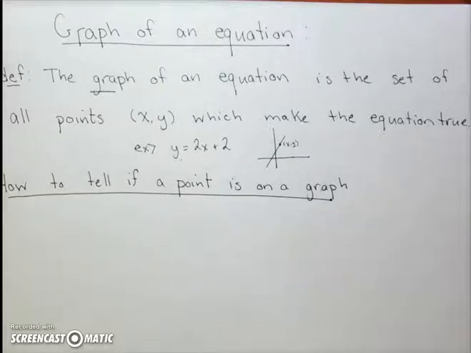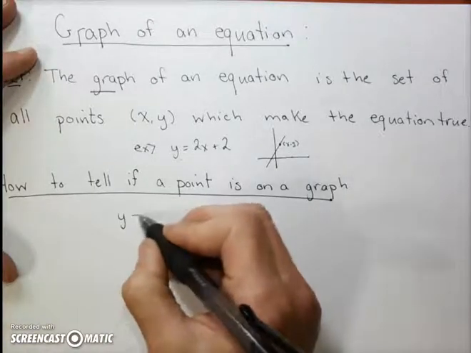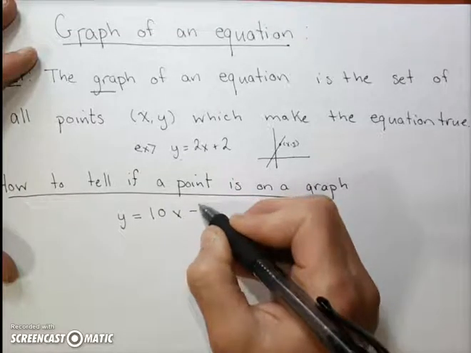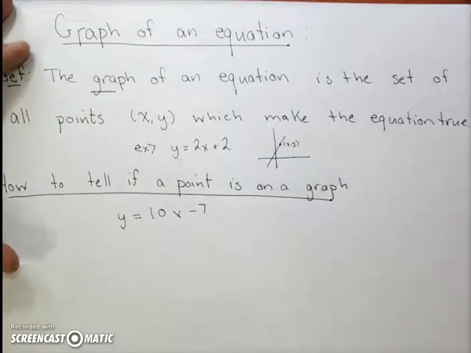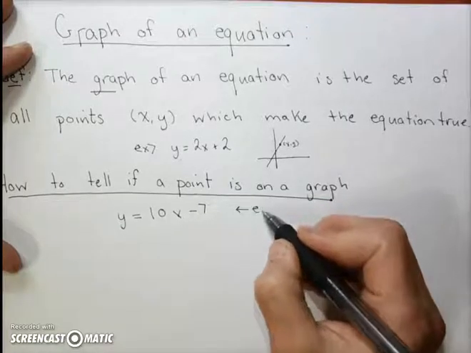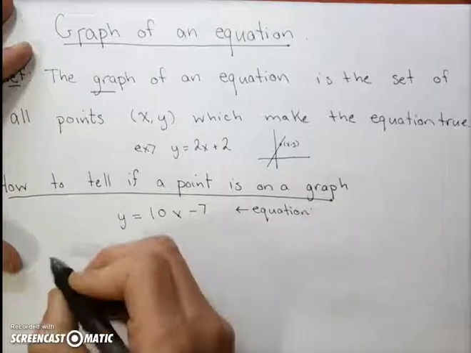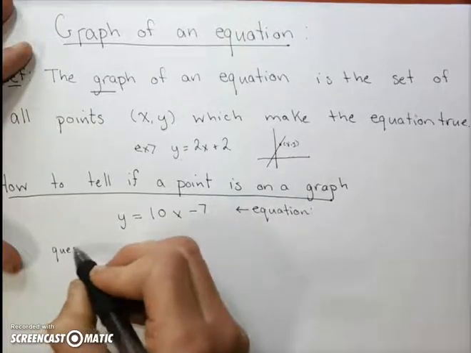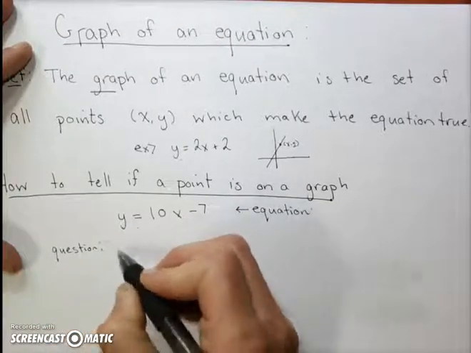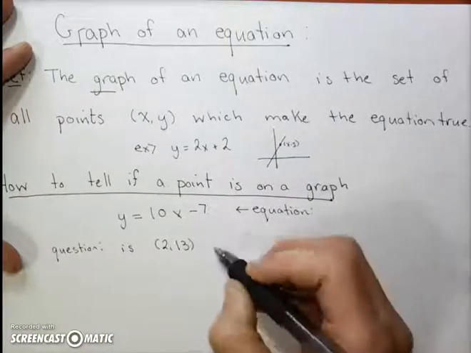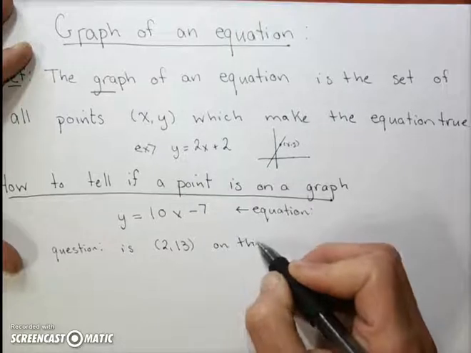So how do we tell if a point is on the graph? Let's go with the example y equals 10x minus 7. So this is our equation. And our question is, is 2, 13 on the graph?